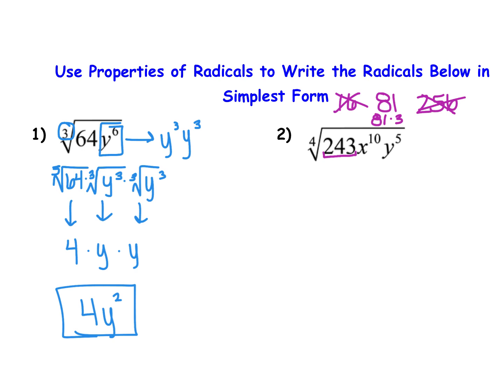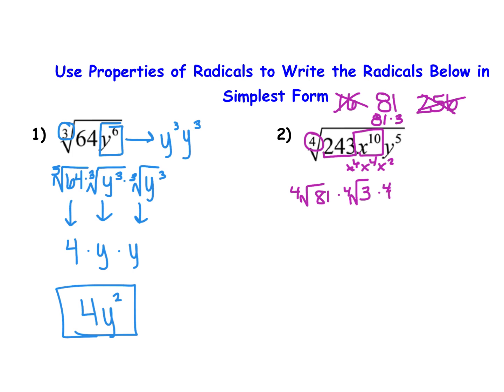So I'm going to break this up into the fourth root of 81 times the fourth root of 3. And then I'm going to start breaking these variables up into groups of 4 because it's the fourth root. So I can break x to the 10th up into x to the 4th, x to the 4th, and x squared because that'll total 4 plus 2 is 10.